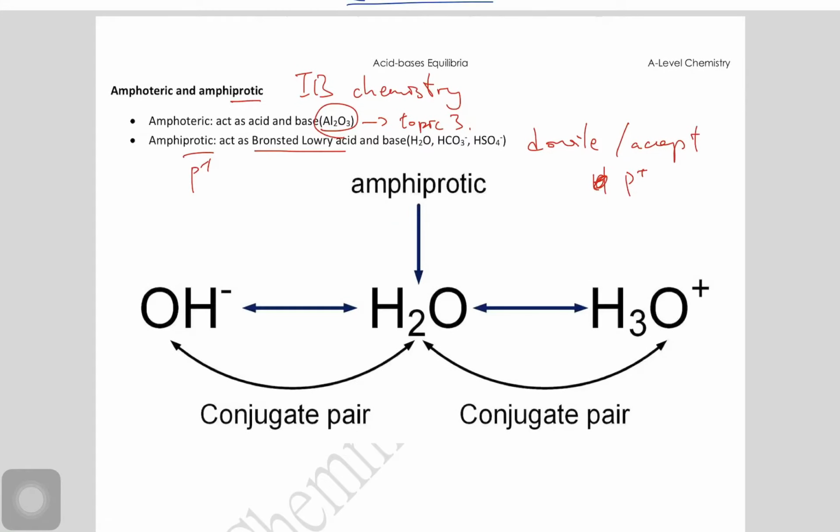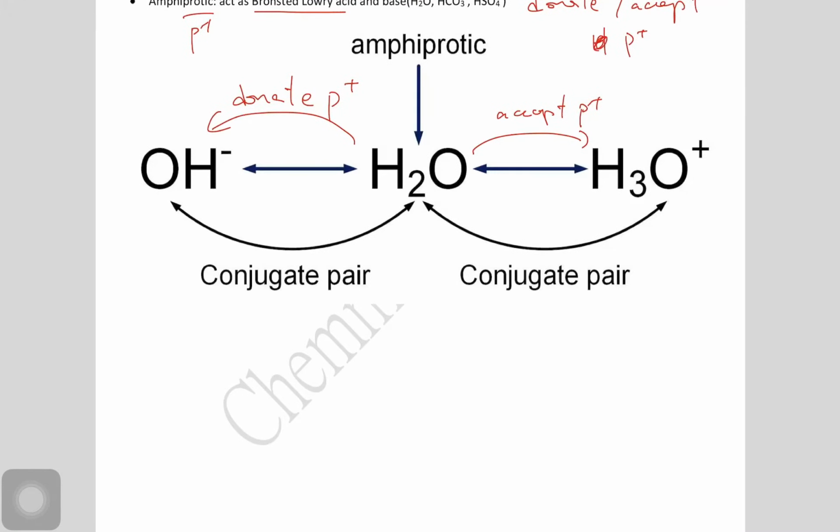Water is an example of an amphiprotic substance, and you can see it can accept a proton to form H3O plus, and it can donate a proton to form OH minus. That's why I would say water is an amphiprotic substance. At the same time, every amphiprotic substance is amphoteric, because amphoteric refers to any definition of acid and base.